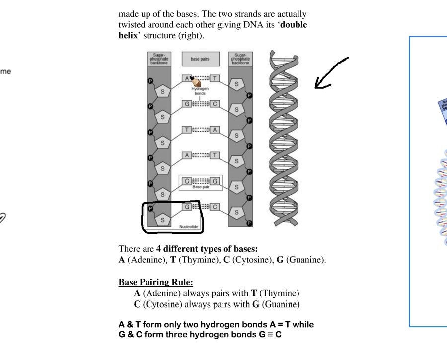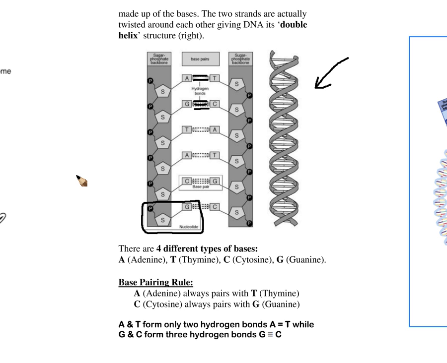Adenine and thymine, A and T, form two hydrogen bonds, whereas guanine and cytosine form three hydrogen bonds across that space. That means the GC bonds are slightly stronger than the AT regions.